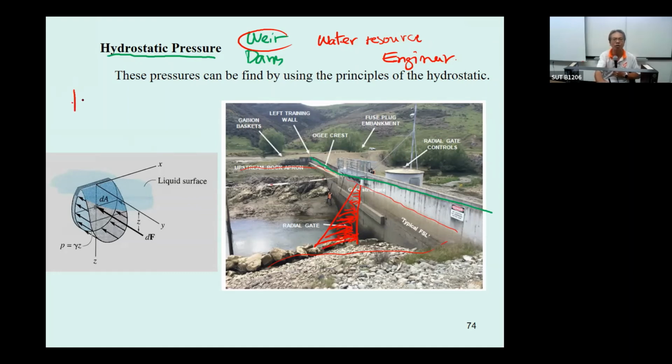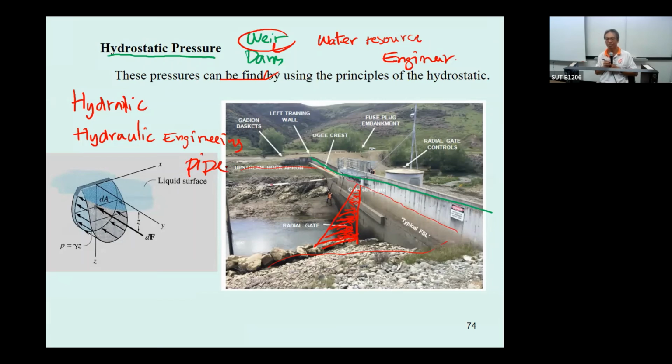You're going to study hydraulics, which talks about the pressure of water in the pipe, in the weir, in the dam, and you study hydraulic engineering to design the structures, the weir, the dam, the pipe, to send the water.